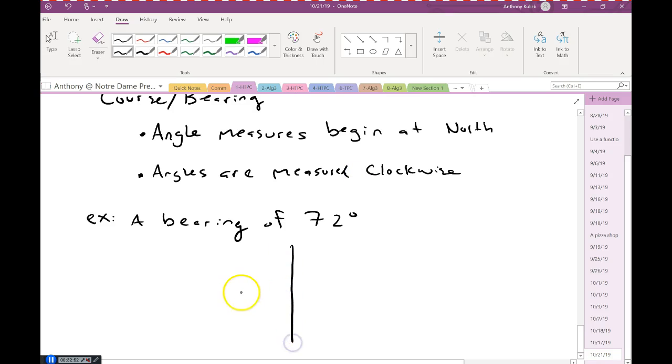So if we're talking about a bearing of 72 degrees, I'll start by drawing my compass rose, which looks an awful lot like the XY axis. And I'm going to label it north, east, south, west.